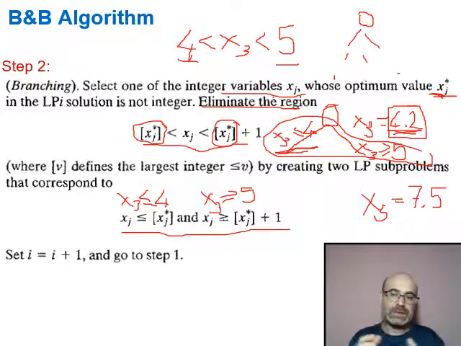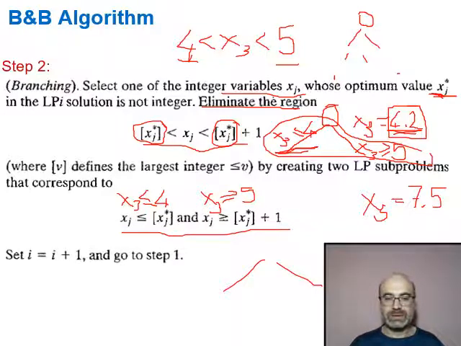So in that case, you may decide to select x3 instead of x5. But as I said, you can select anyone, no problem. Okay, we select one of these decision variables and we add these two constraints and we branch that node into two by adding the constraints.